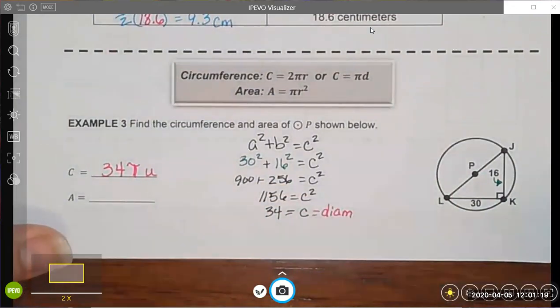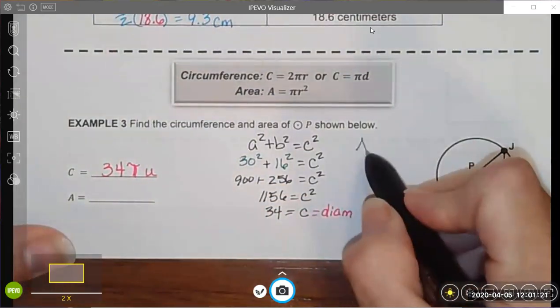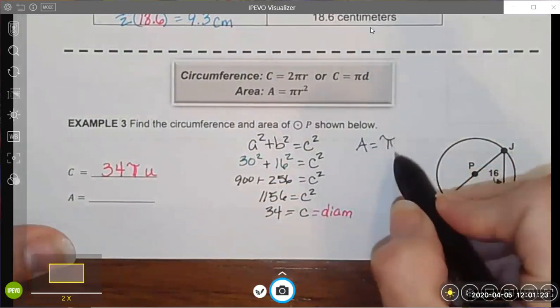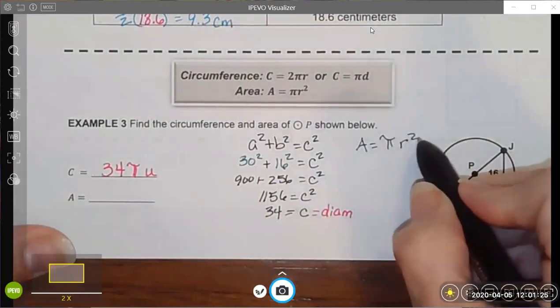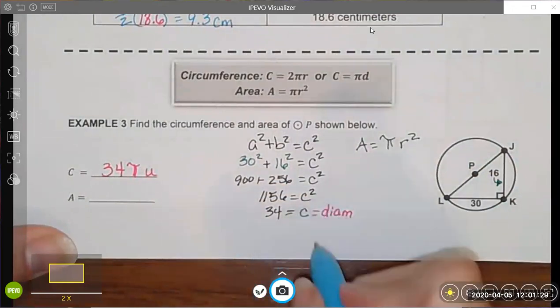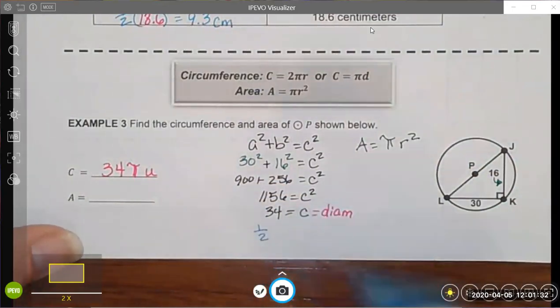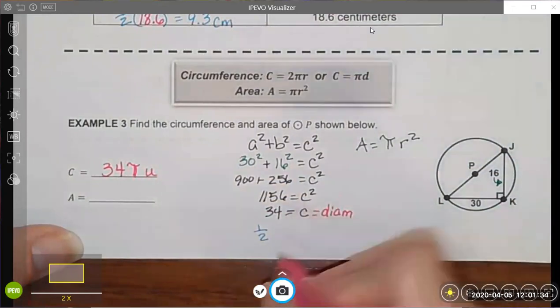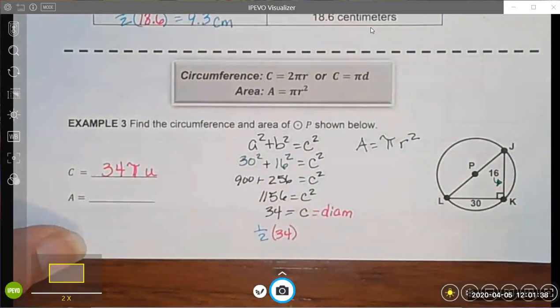To find my area, I'm going to use my area formula, pi times the radius squared. To find my radius, I need to take half of my diameter, half of 34, gives me a radius of 17.